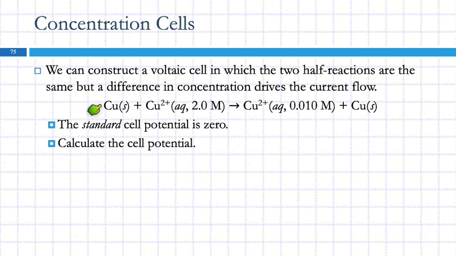So we can use copper to copper 2 plus, copper 2 plus to copper, the same half reaction, one being oxidized, one being reduced. If we figure out the standard cell potential, it's going to be 0 because one of them's forward and one of them is reverse, right? So calculate the cell potential, it says.